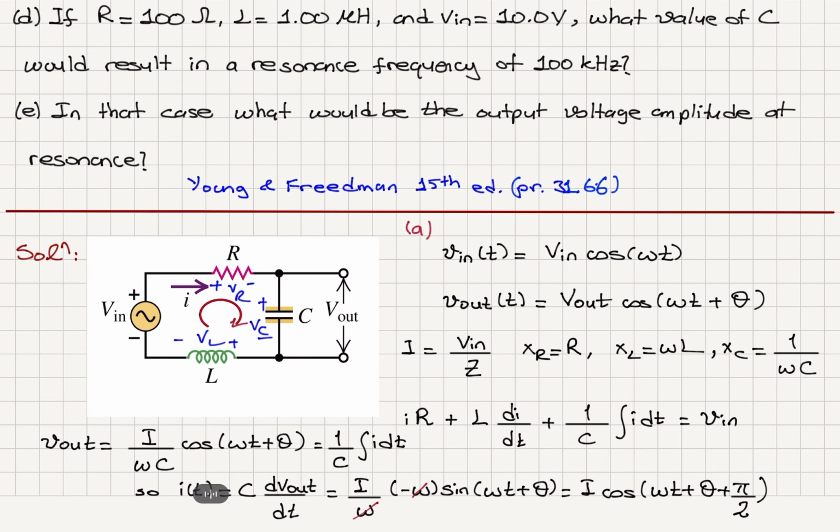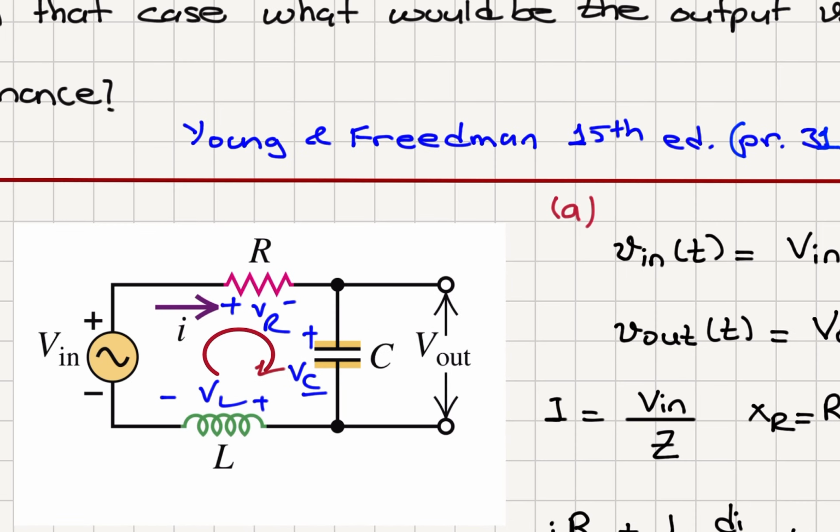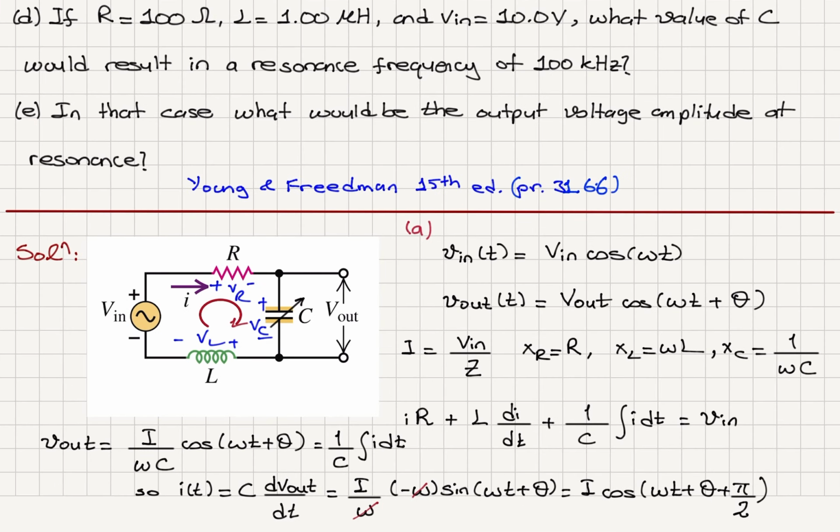All right, so in this case, we have an RLC series circuit, but the capacitor has variable capacitance. So we can show that by putting an arrow here. It has variable capacitance. The input voltage is V in cosine omega t. Output voltage is V out cosine omega t plus theta.